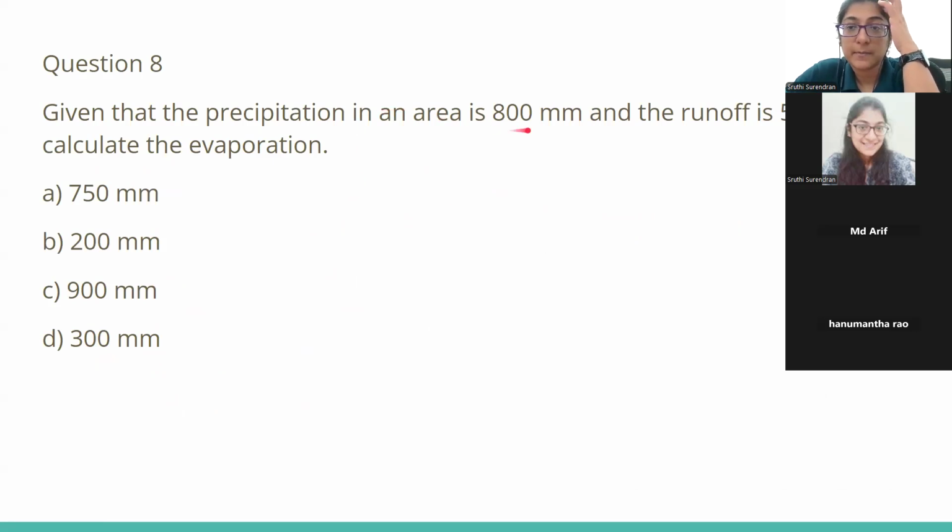Precipitation in an area is 800 mm, runoff is 50 centimeter. Calculate the evaporation.